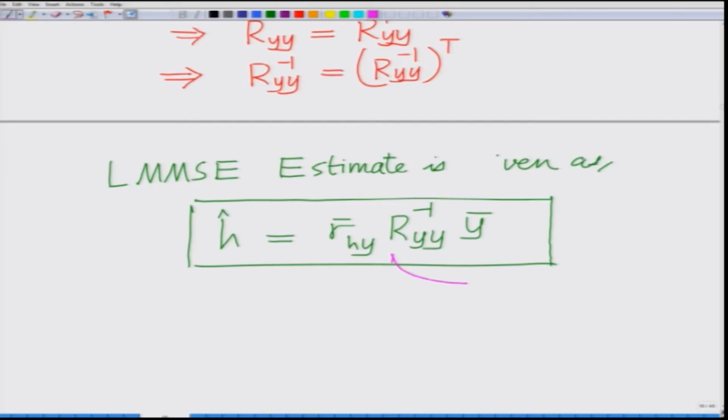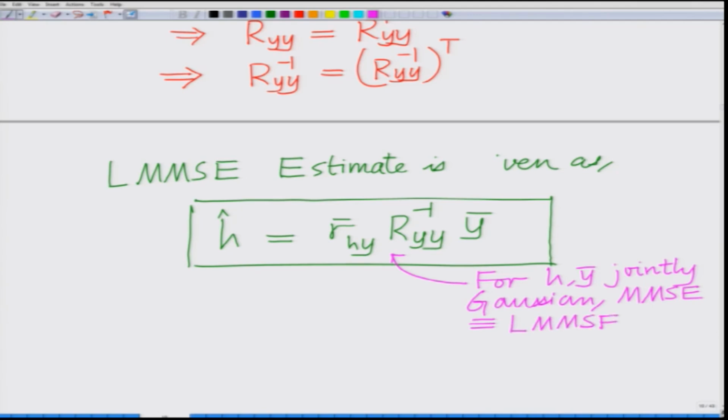So, the point to remember here is, for the scenario for h comma Y bar jointly Gaussian, your MMSE is identical to LMMSE.